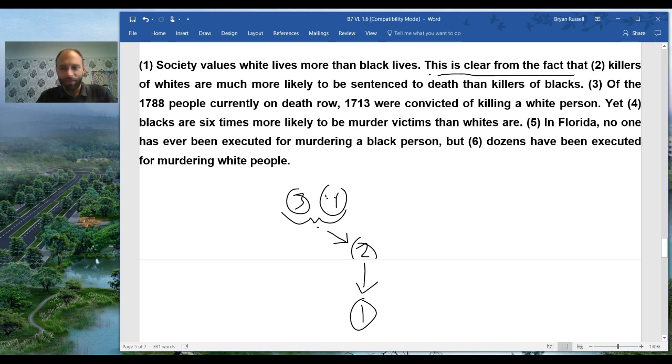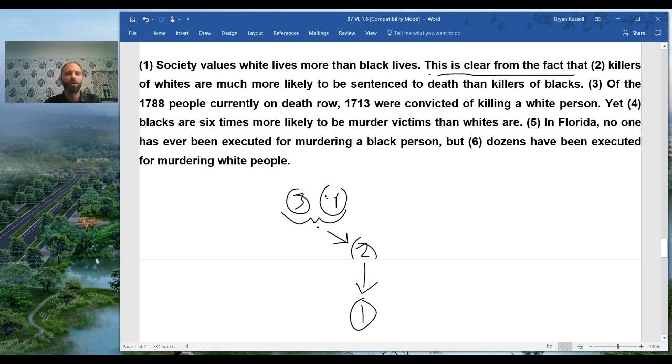All right, so now let's see what's happening in Florida. In Florida, no one has ever been executed for murdering a black person, but dozens have been executed for murdering white people. Again, if you put these facts together, they give much more support to what they're trying to support, which is 2, killers of whites are much more likely to be sentenced to death than killers of blacks.